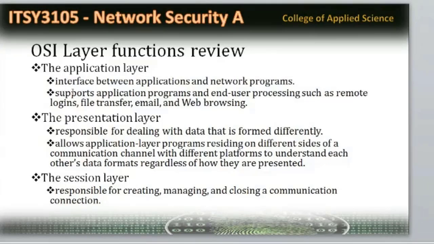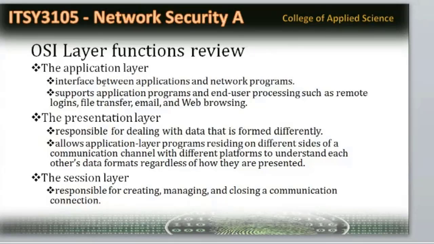This is the interface between the application and the network programs. There are a lot of application programs, for example browsers, email software, file transferring, login, even the PowerPoint you are seeing now. These are all examples of the application layer.